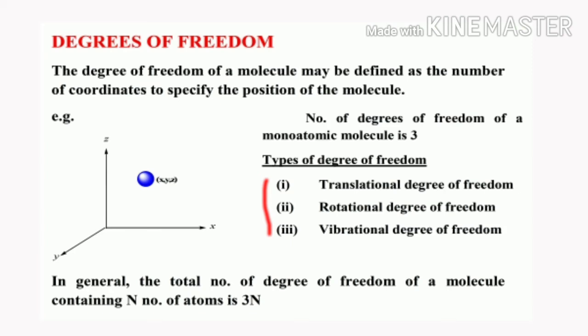Similarly, the number of coordinates required to specify the rotational and vibrational motion of a molecule is called its rotational and vibrational degrees of freedom respectively. In general, the total number of degrees of freedom of a molecule containing n number of atoms is 3n.